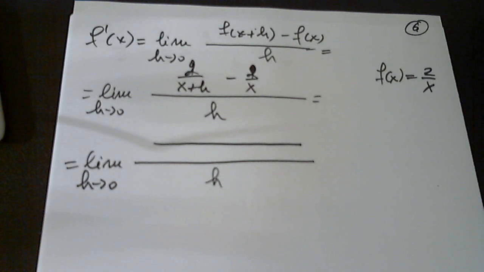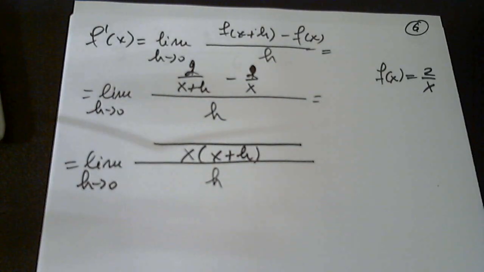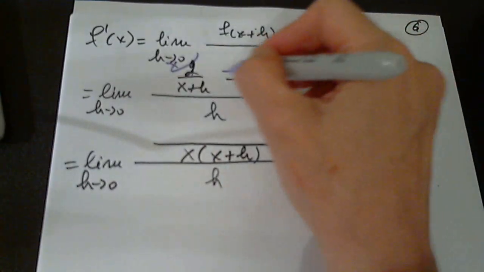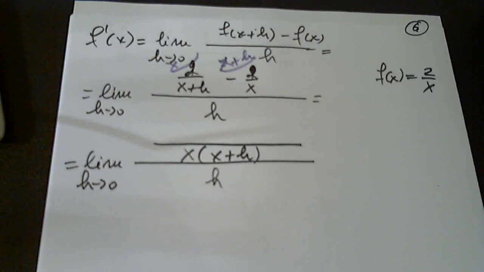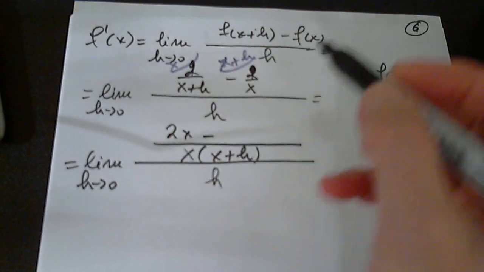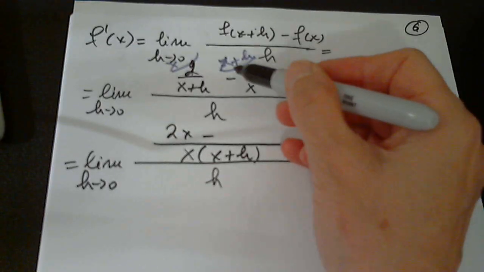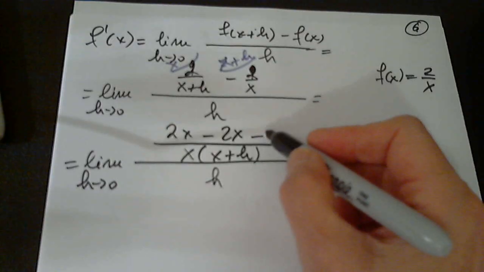No one can touch them. x times x plus h. Thank you very much. It's the only way. It has to be the product. So then this one needs to be multiplied by x, and this one will be multiplied by x plus h. Mandatory. Good. So then I have 2x minus 2 distributed to x, negative 2 distributed to h.